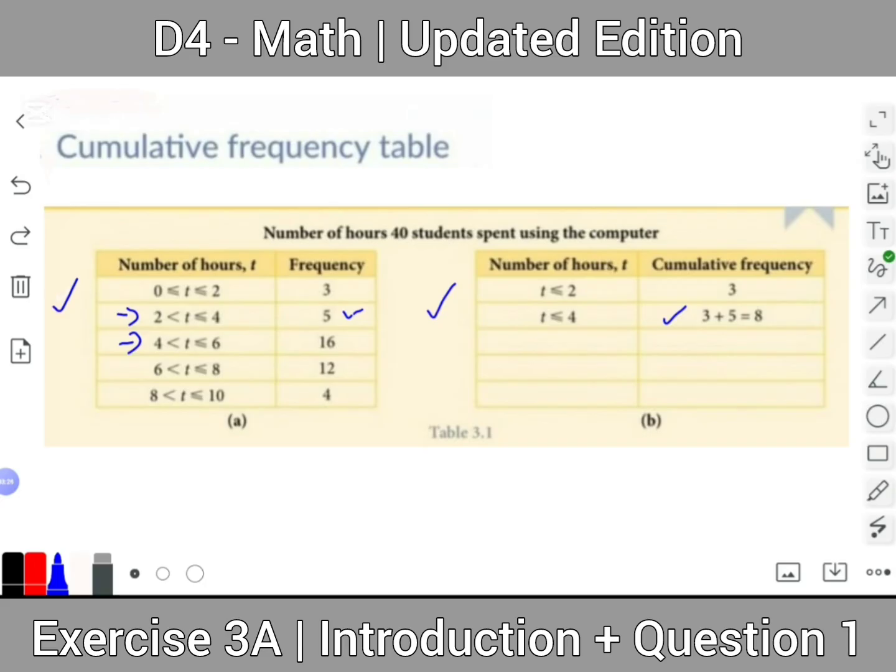So for t less than or equal to 6, we have 3 plus 5 plus 16, which equals 24.